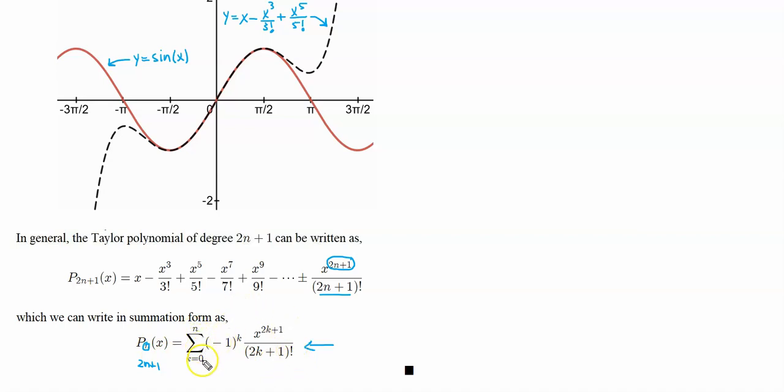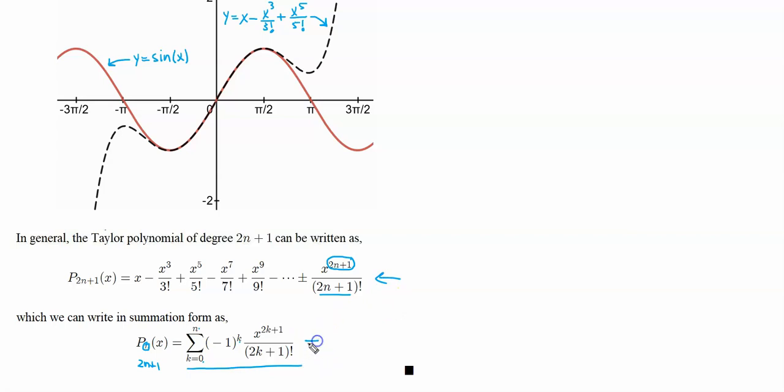So we have the summation from k equaling 0 to n, negative 1 to the k. That will give you the plus or minus pattern. X to the 2k plus 1 divided by (2k plus 1) factorial. So this is how you could write this polynomial right here using summation notation.